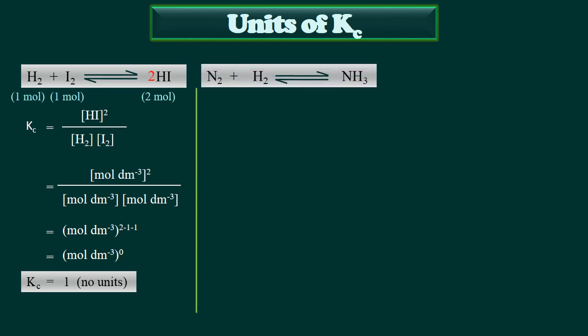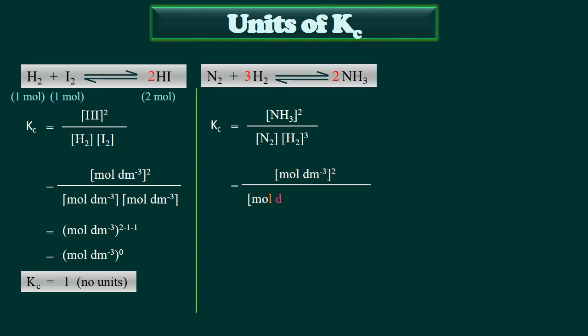Look at this reaction between nitrogen and hydrogen gases to produce ammonia gas. First we balance it. For this purpose, where there are 2 hydrogen atoms, multiply by 3, and where there are 3 atoms, multiply by 2; nitrogen will automatically get balanced. After balancing we write expression of Kc, of course with ammonia in the numerator and nitrogen and hydrogen in the denominator.